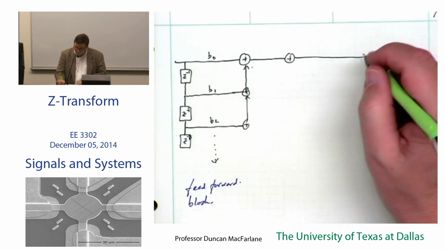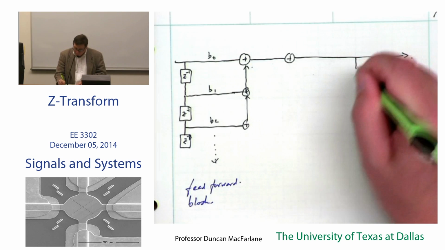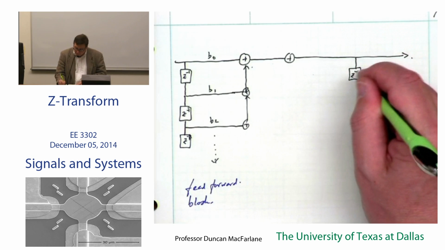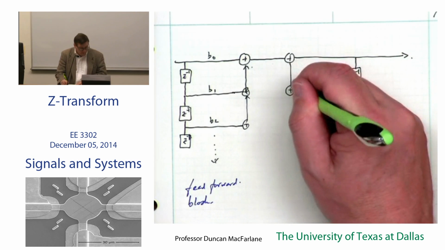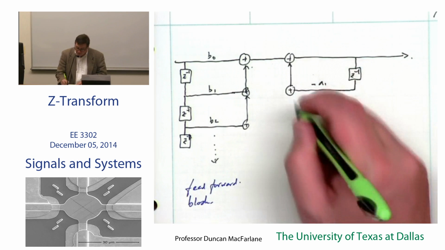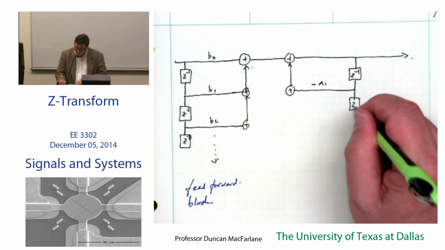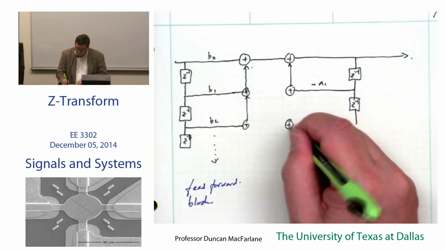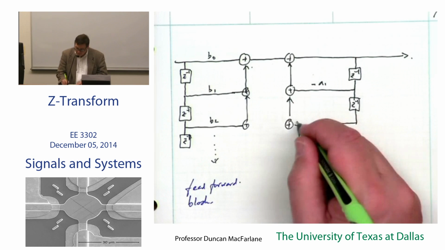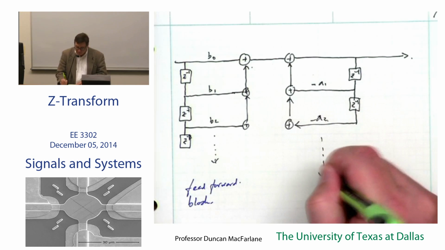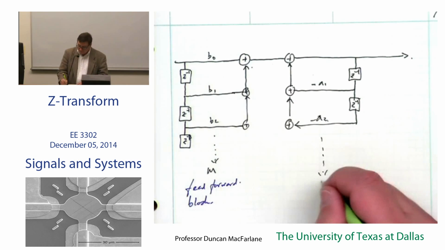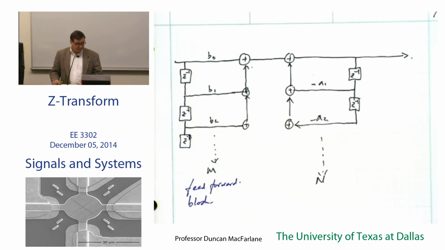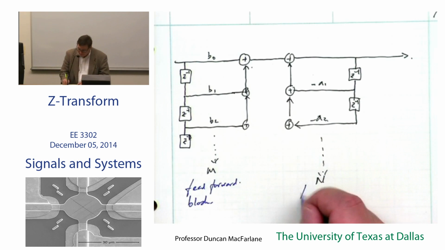And then the feedback block, tap off here at the output. Minus A1. Minus A2, and all the way down to N order. So this guy here is our feedback block.